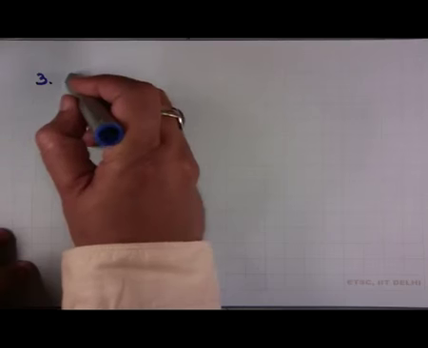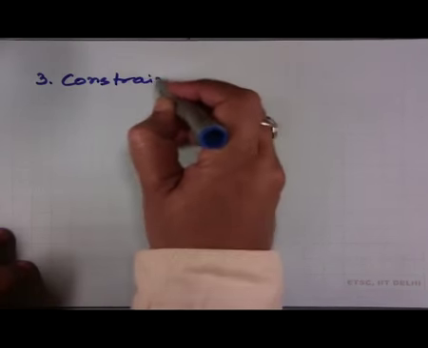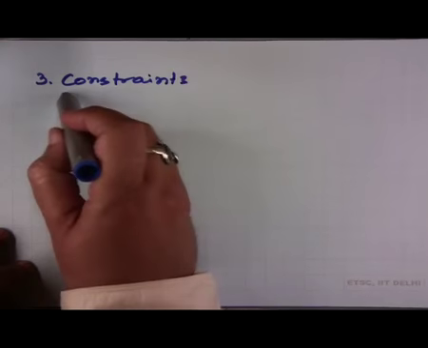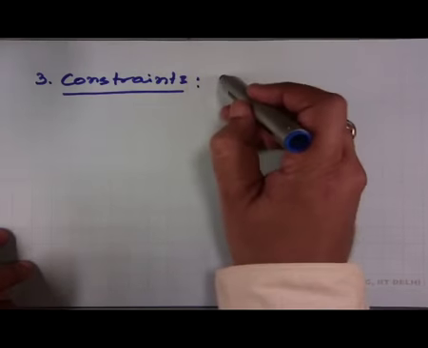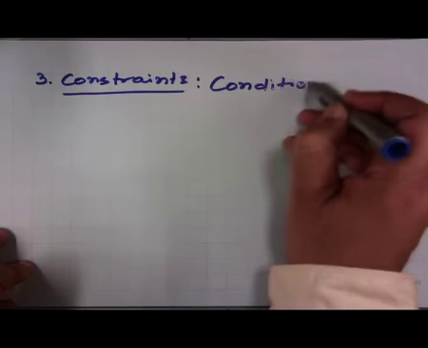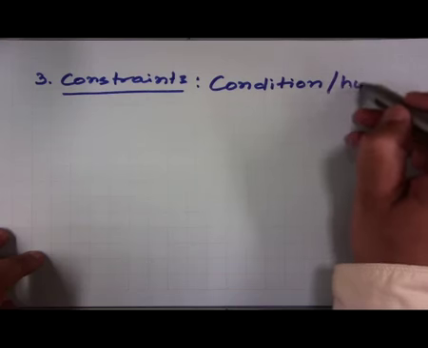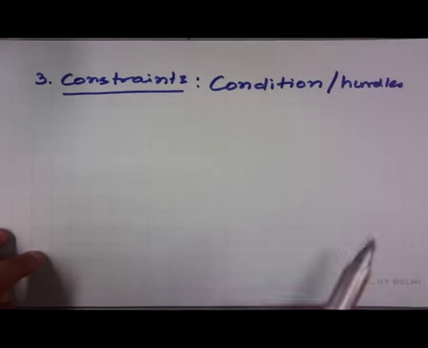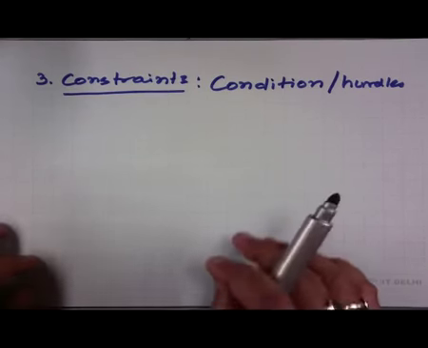Then third is constraints. Constraints means conditions, or we can also say hurdles that we have to face when we have to maximize or minimize the objective function.